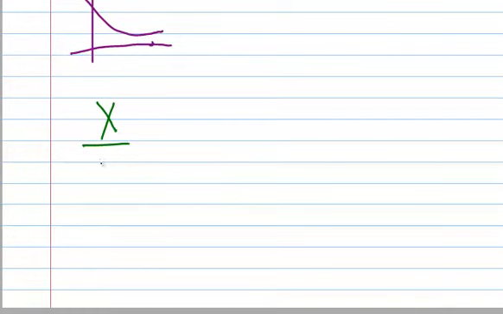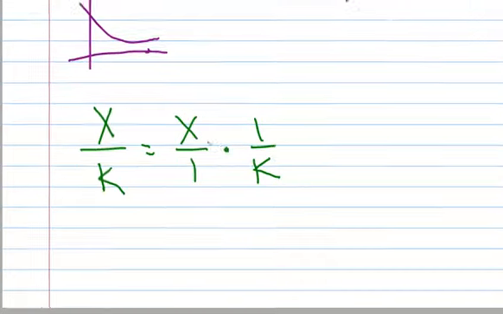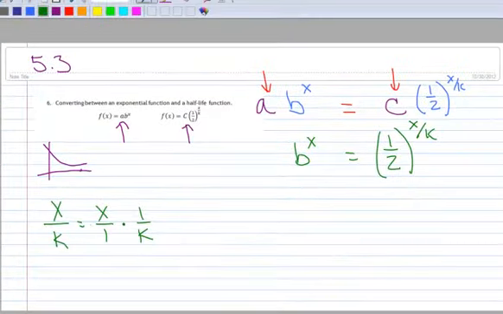So I have x over k, and that's the same thing as x over 1 times 1 over k, because when you multiply them together, x times 1 gives me x, 1 times k gives me k. So I can rewrite the right-hand side as x over 1 times 1 over k, and I'm going to just switch the order like that. Same thing, they're both multiplied.